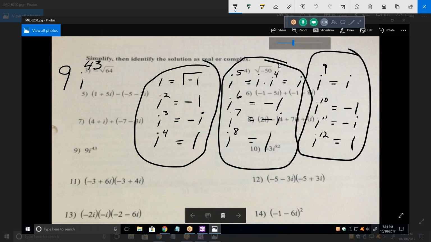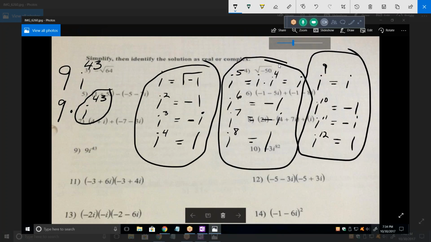So, what is this answer going to be? In other words, let's first of all separate it. We got 9 times i to the 43. Tell me what that is first. No, it is. Divide by 4. What's your remainder?